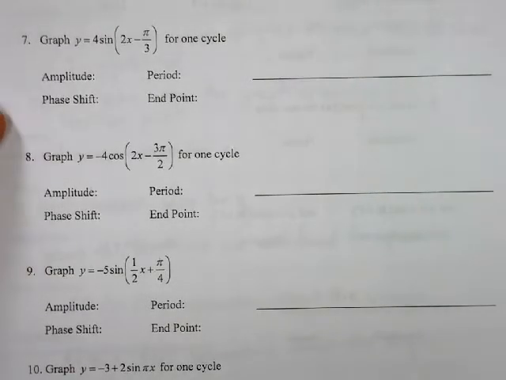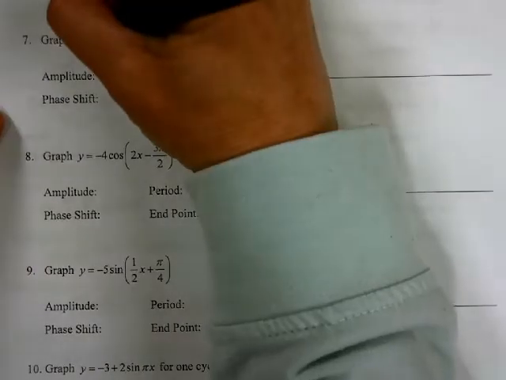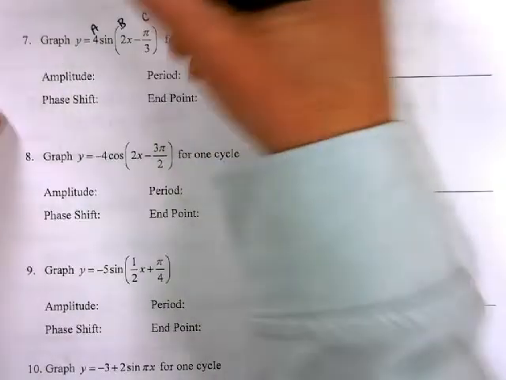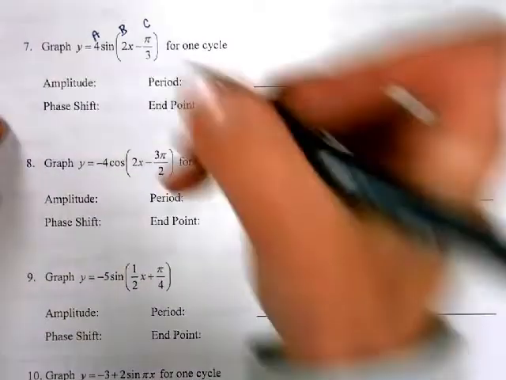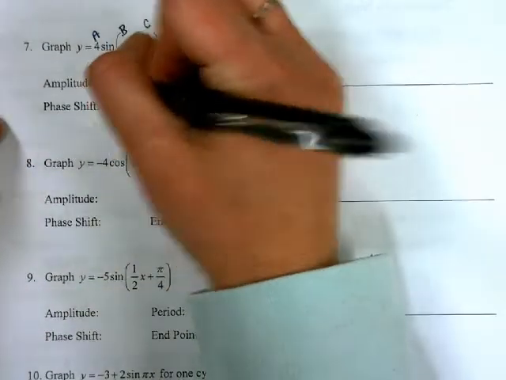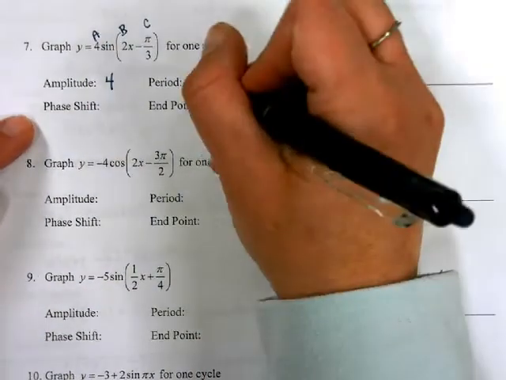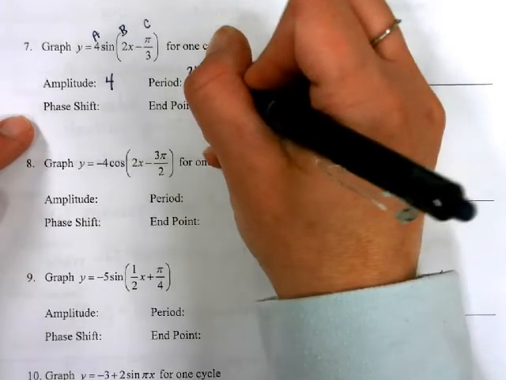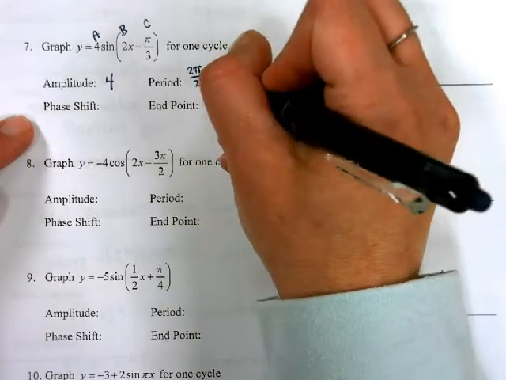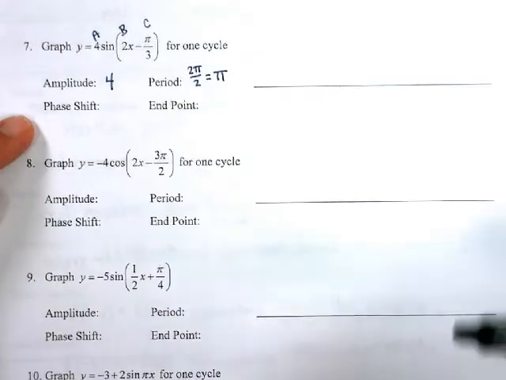All right, so here's A, here's B, here's C. My amplitude is 4. My period is 2 pi over B, or just pi. And those cancel.